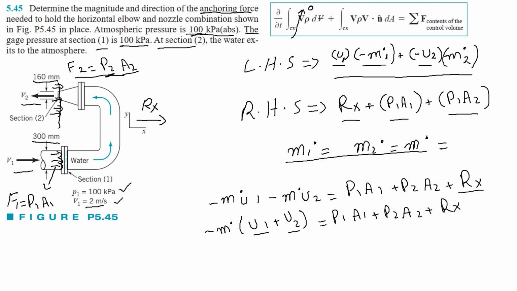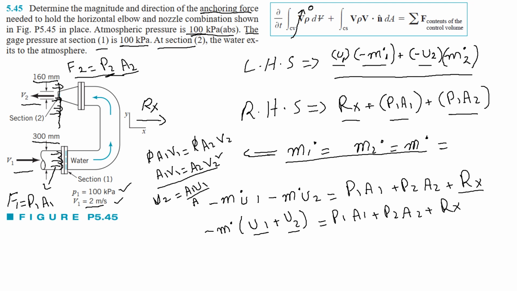I am going to use this term here, rho A1 V1 is equal to rho A2 V2. So density is the same. I will be left with A1 V1 is equal to A2 V2. So I will use this equation to find my velocity at section 2, or I would say U2 is equal to A1 U1 divided by A2.